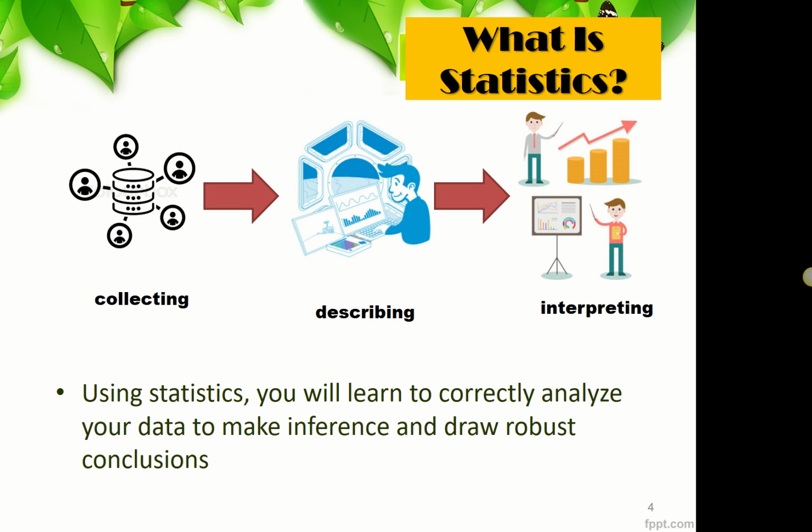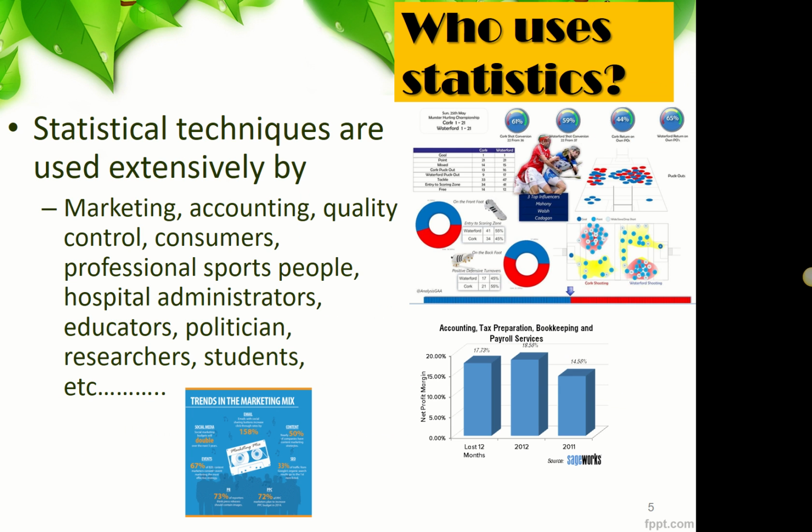Interpreting, you get the data and you interpret so that the viewer understands more regarding the information given by the output, right? So in using statistics, you will learn to correctly analyze your data, to make inferences and also draw robust conclusions, right?